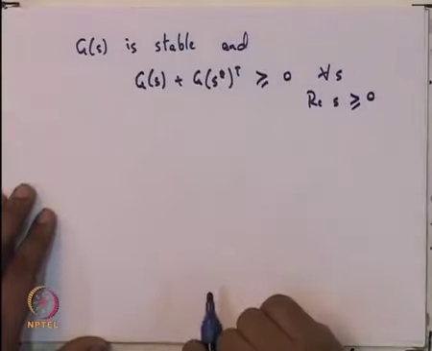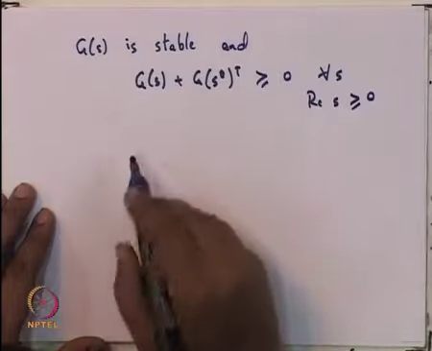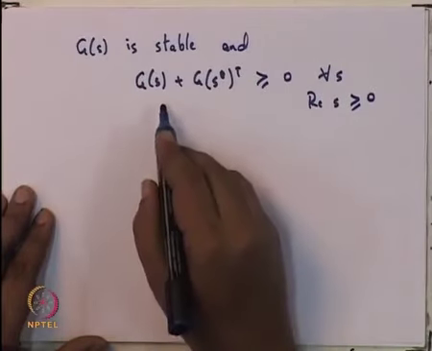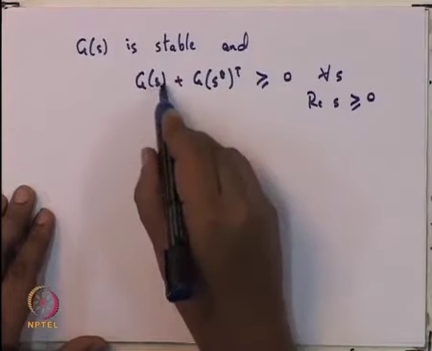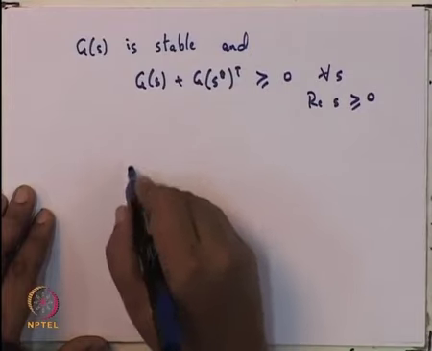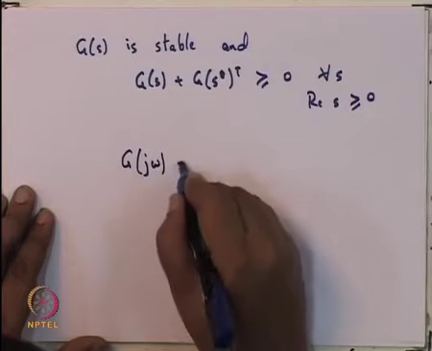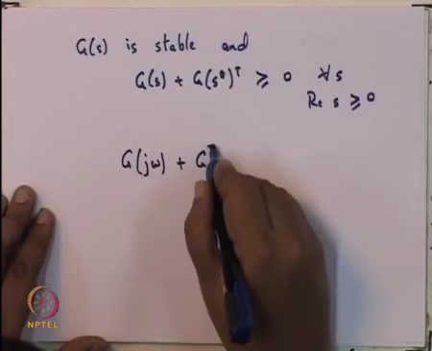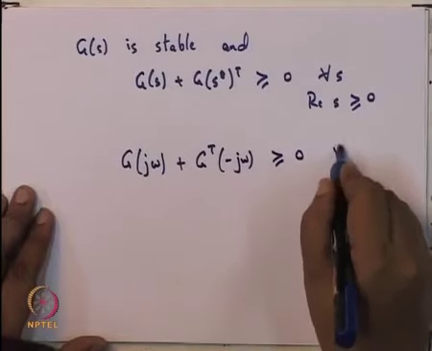So, this is our assumption. Okay, let us look at this particular thing. What this means is, if you specifically evaluate this matrix on the imaginary axis, then G j omega plus G transpose minus j omega is greater than or equal to 0 for all omega.